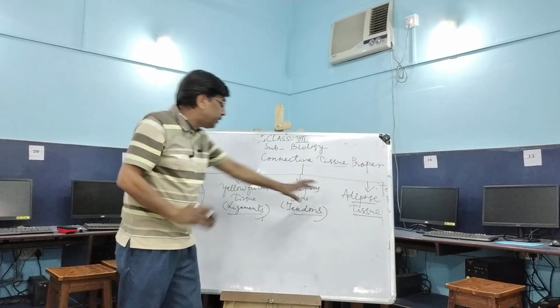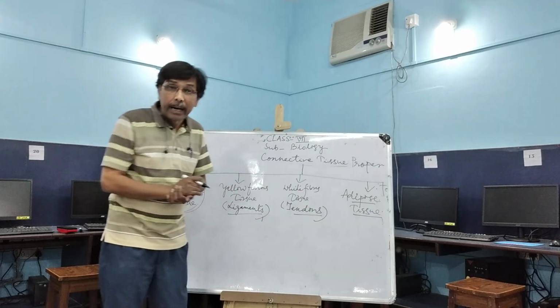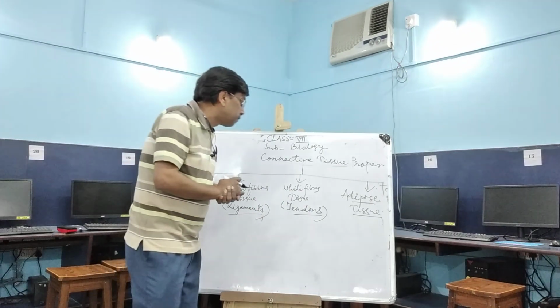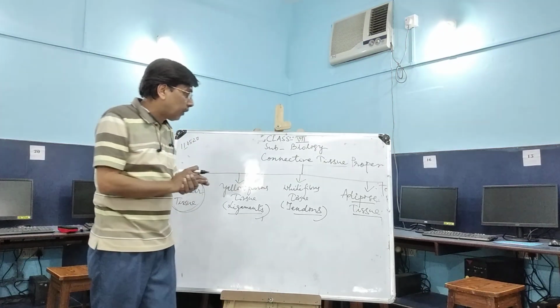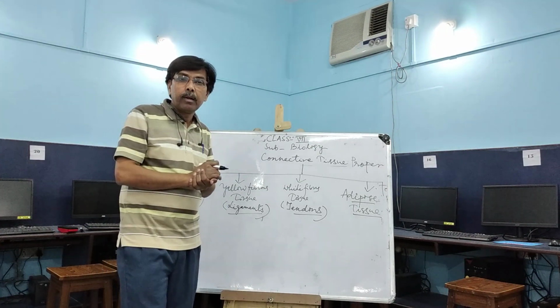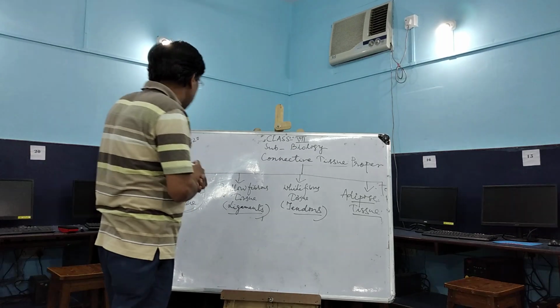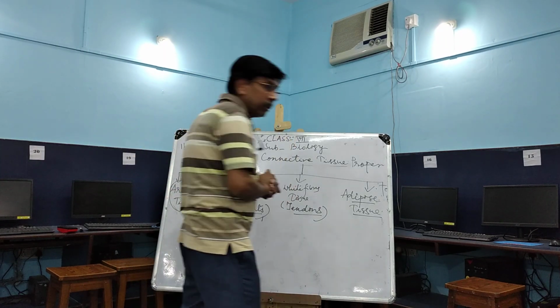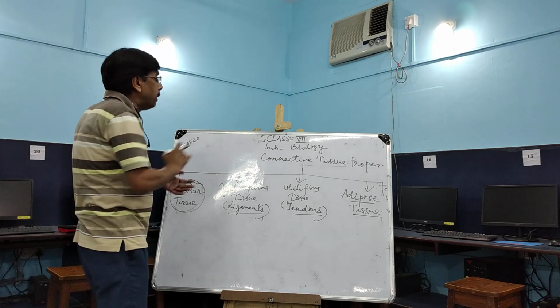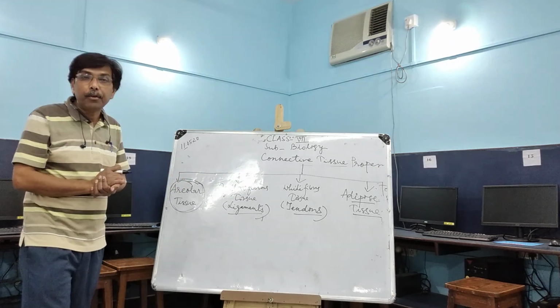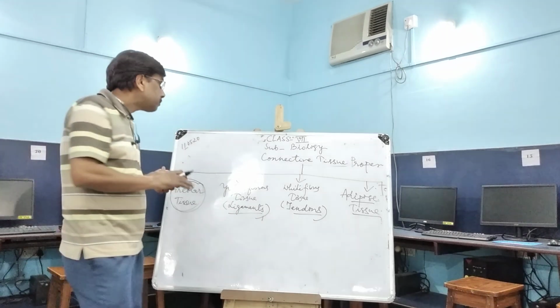Excess fat is stored in the adipose tissue. This tissue insulates and cushions the body and also fills up the space between the organs. So these are the main types of connective tissue proper.